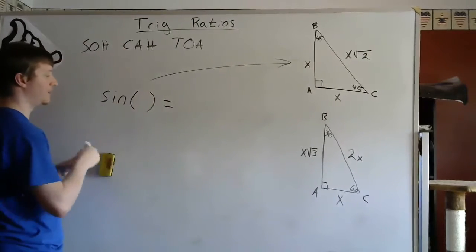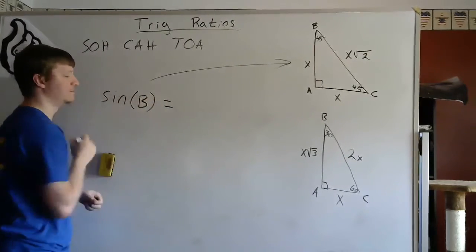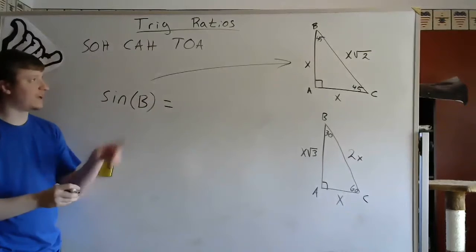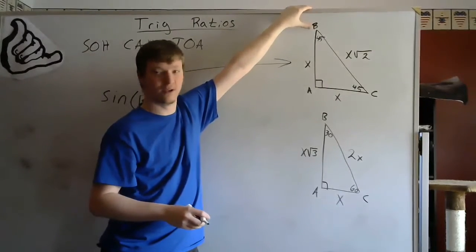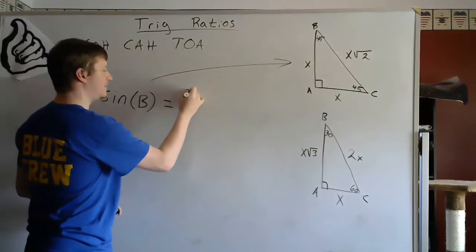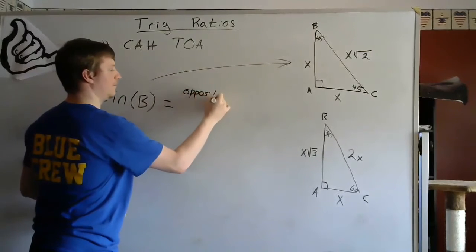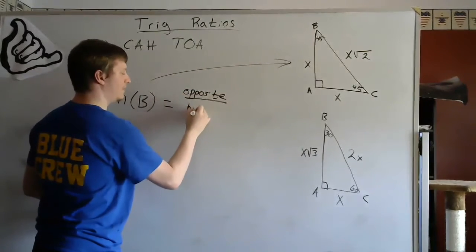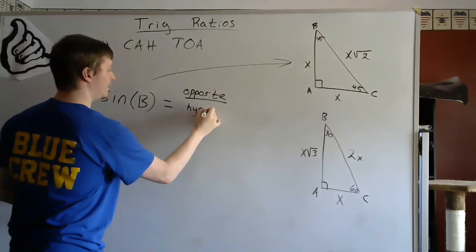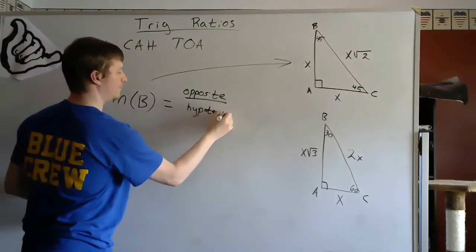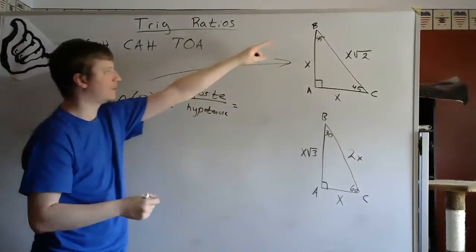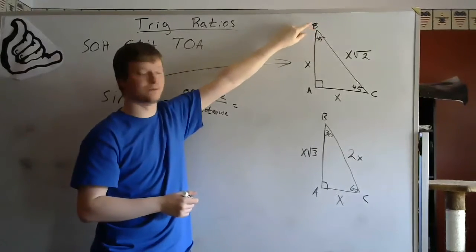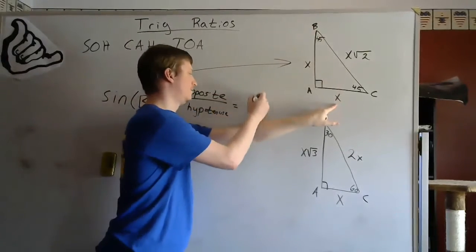Let's find the sine of B. So the sine of B, I look up here to angle B, and I want to do the opposite over the hypotenuse because sine is opposite over hypotenuse. So I look at angle B and I say, which one's my opposite? Well, my opposite is x.